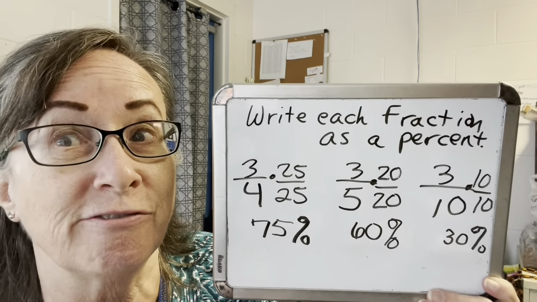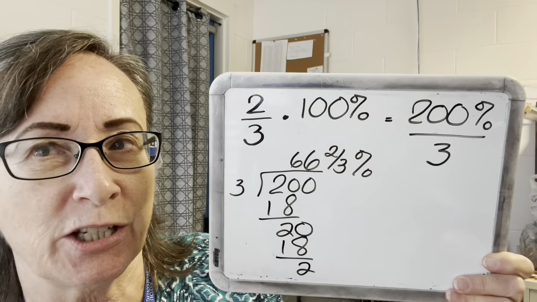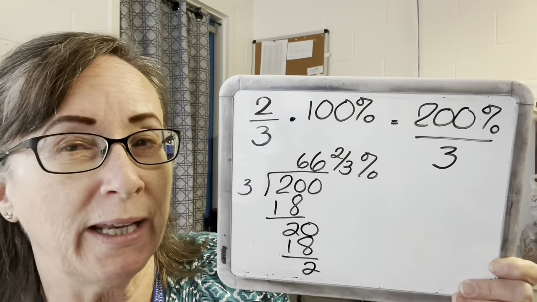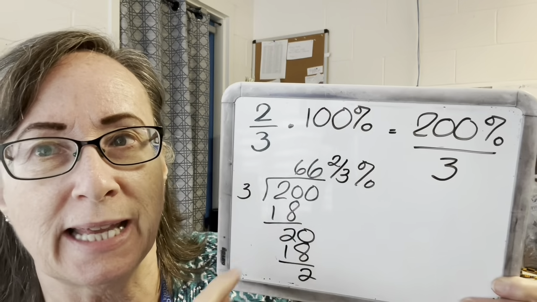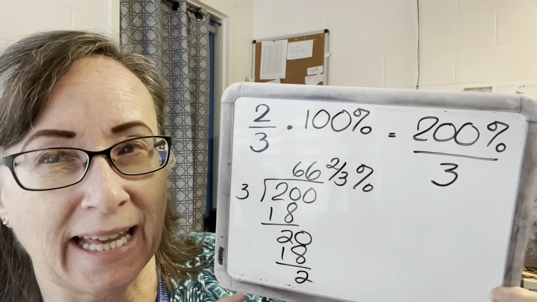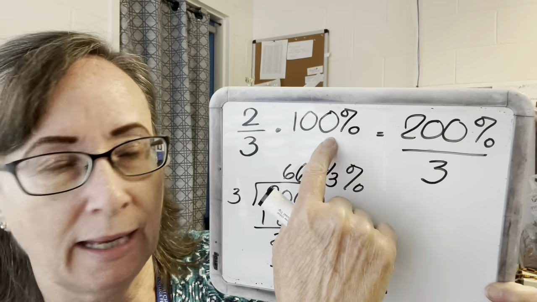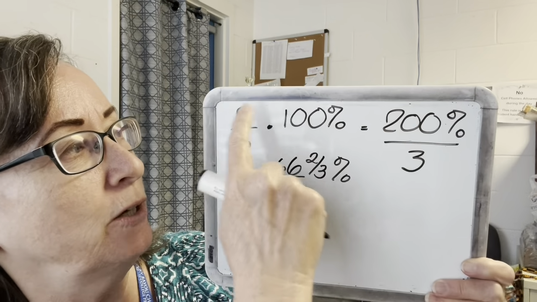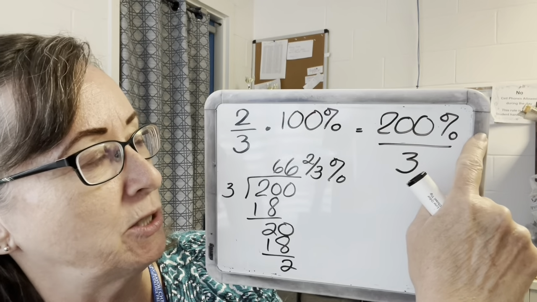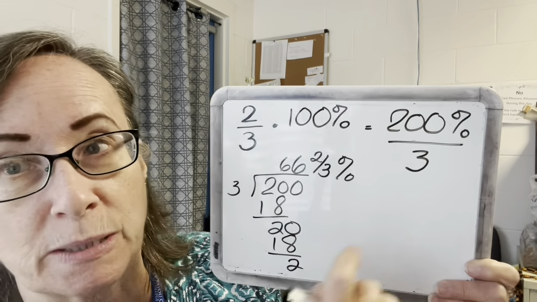If we were going to take 2/3 and turn it into a percent, one way to do that would be to multiply by 100%, because 100% is 1 and it would give us the percent sign that we want. So 2 times 100% would be 200%, and 3 would just be 3.